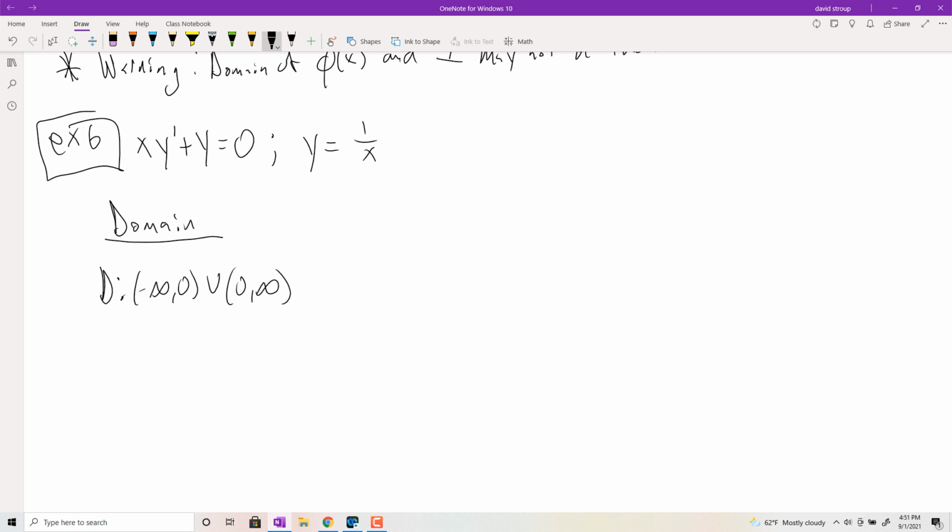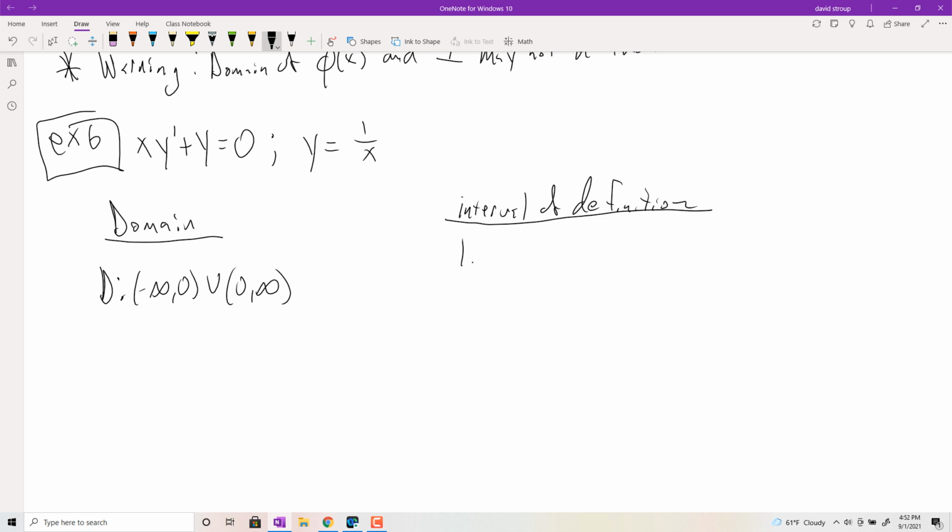The interval of definition is different. We need the function to be differentiable on the entire interval that we're working with. So you can pick one of these intervals from the domain, or you can pick a subinterval from one of these intervals.